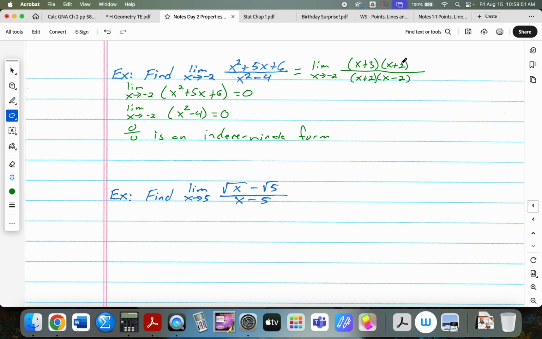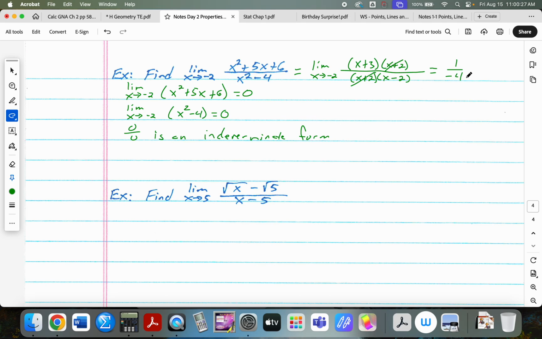Now, x plus 2 over x plus 2 is equal to 1 everywhere except at x is -2, right? But when we're doing a limit, do we care what happens at that point? No. So we can actually drop these. Now, the numerator goes to 1, the denominator goes to -4, and the answer is -1/4.